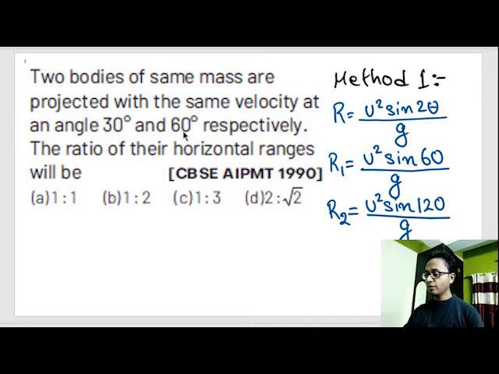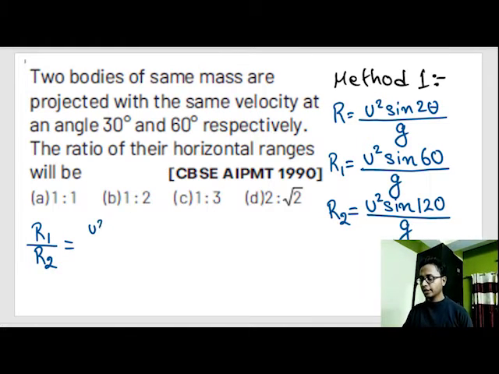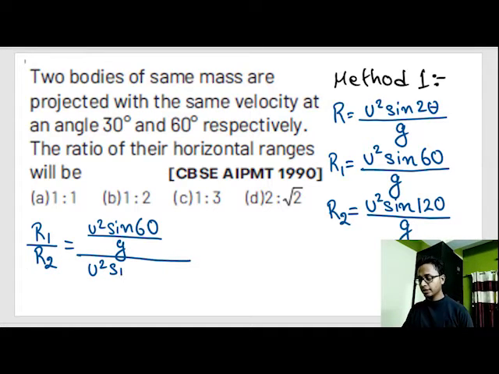Now I have to compare R1 and R2, or R1 by R2 will give us the ratio R1 is to R2. Let's divide these two equations. R1 is u square sine 60 by g divided by u square sine 120 by g.